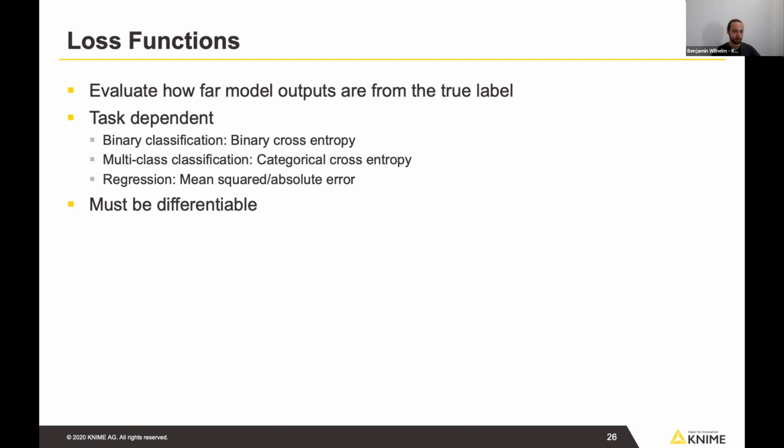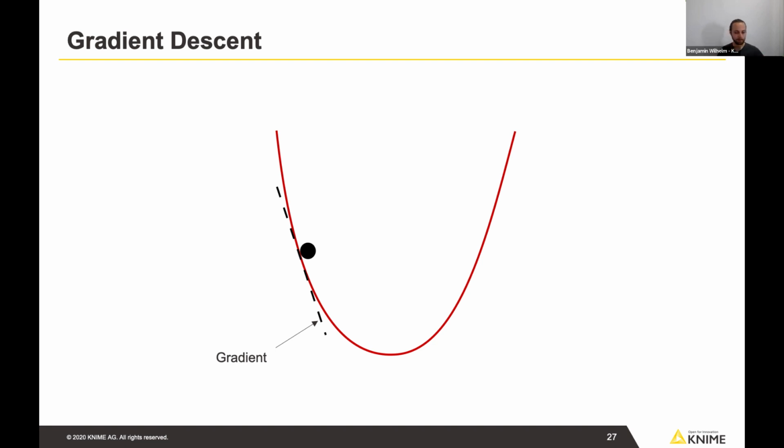But you can use other loss functions as long as they evaluate how far the model output is away from the true label. And they must be differentiable, because now we can use this loss function for the so-called gradient descent algorithm, because we want to have a very low loss, because a low loss means that our output is very close to the expected output.